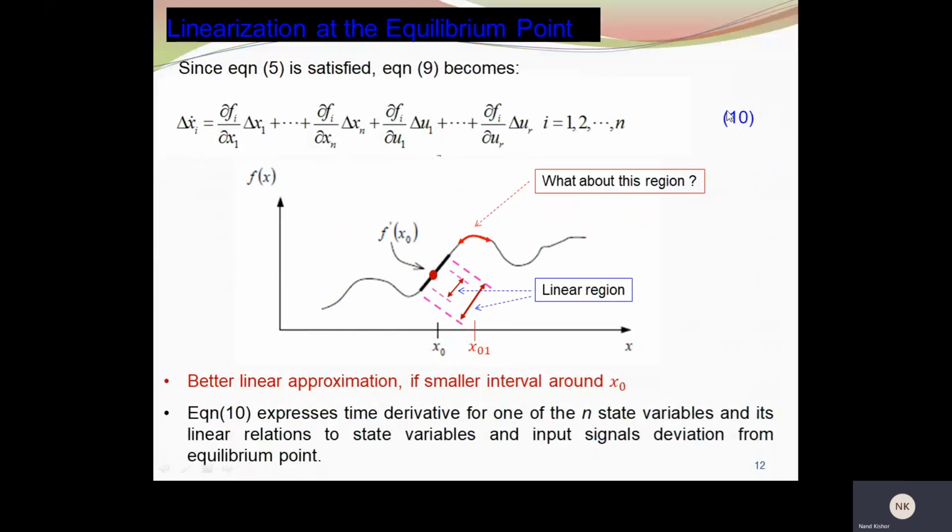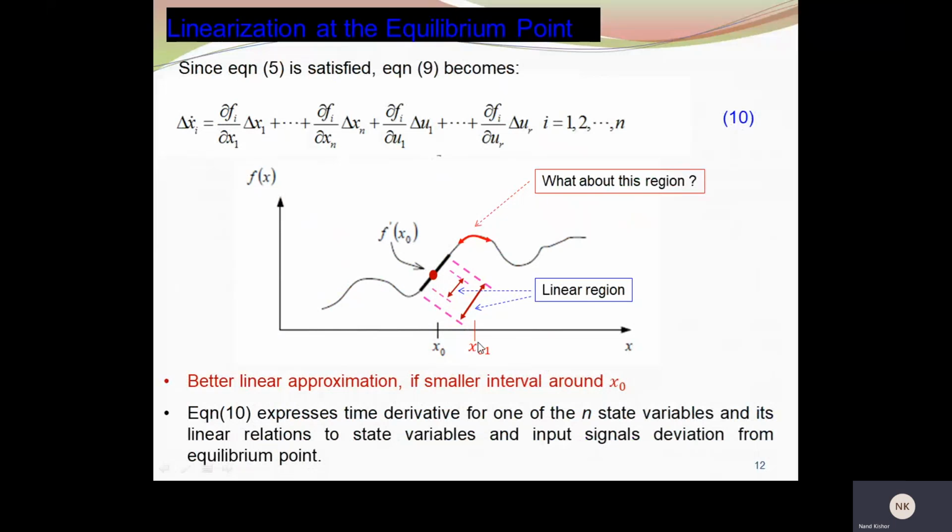Now, if you refer to equation 10, it is expressed as a time derivative, right? Equation 10 expresses the time derivative for one of the n state variables and its linear relation to the remaining state variables and input signals, for a deviation from the equilibrium point.